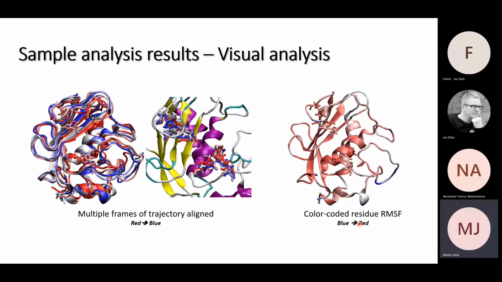Visually, you can analyze it mostly using colorings. So, for example, here you see some alignments of different times of the same system. Red one is the initial state and the blue one is the final state.